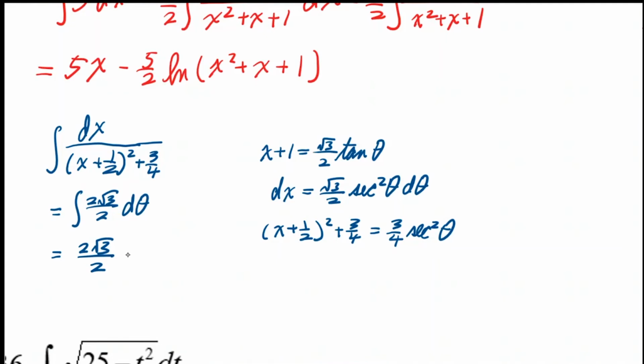But what is theta? And we get it from here, right? So theta happens to be inverse tangent of, now divide, multiply the reciprocal, right? So we'll have 2x plus, I think we have this, right? 2x plus 1 over root 3 plus c.